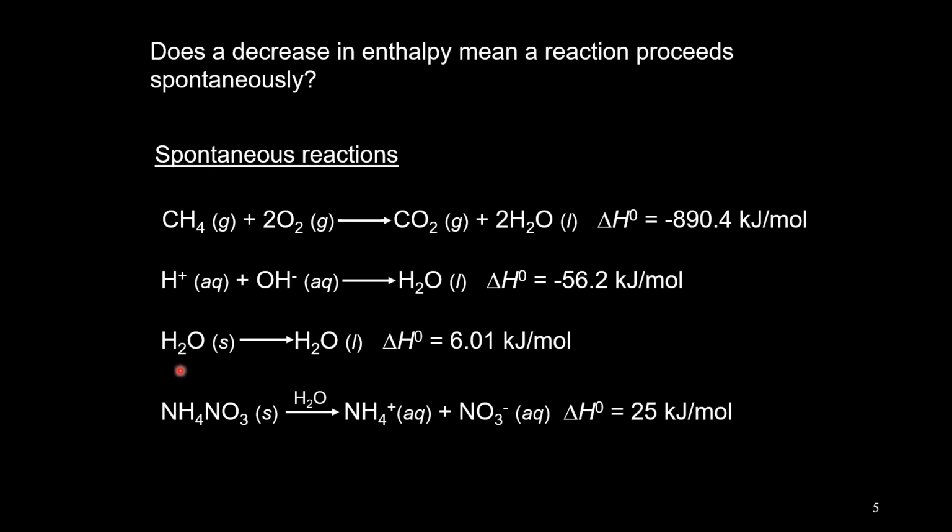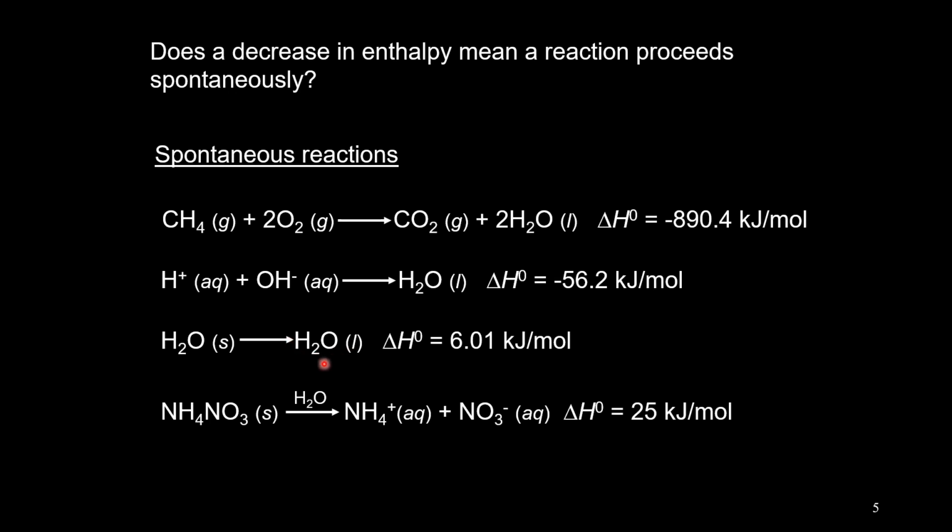Now let's look at the notation I have here, H2O(s). This is a solid form of water, which you're commonly going to call ice. If you take ice and set it on the table, what spontaneously happens to that ice? It melts to form a liquid form of water.